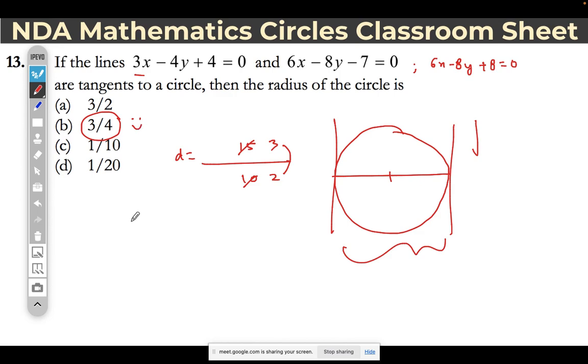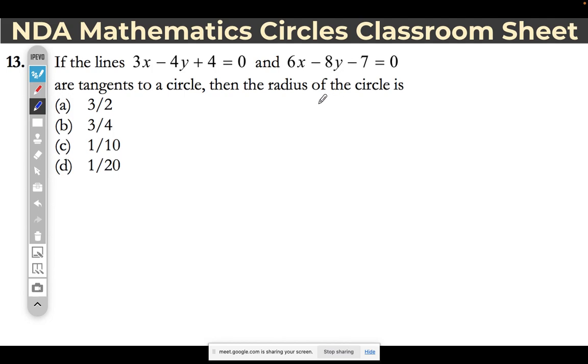What was there in this question? Why was it taking so long? Sir, can you please tell D? How come? So beta, if there are two parallel lines, the distance between them is, first step, make both look same. One is looking like 6x minus 8y equal to 7.